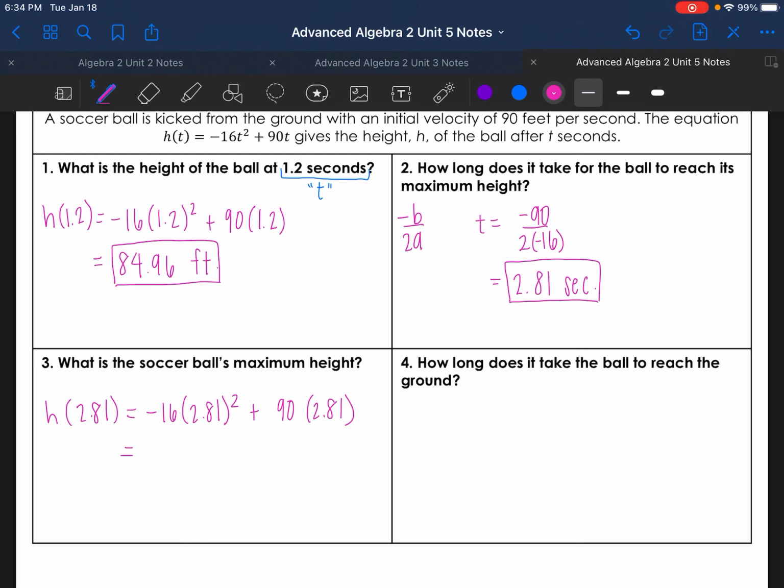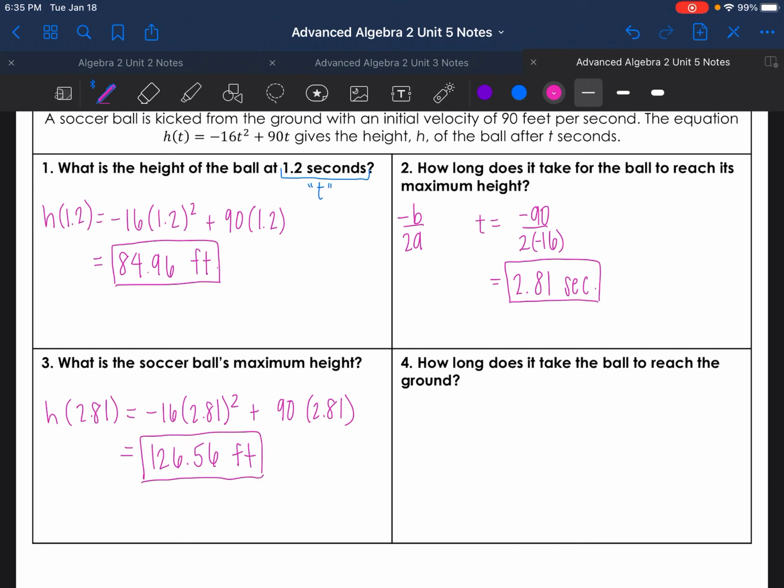So if you actually typed it in your calculator, it's actually 2.8125. I'm going to the store button, and it's going to take my answer from the previous line and store that as x. And then I'm going to type in my equation. Negative 16x squared plus 90x, and we get 126.56 feet.